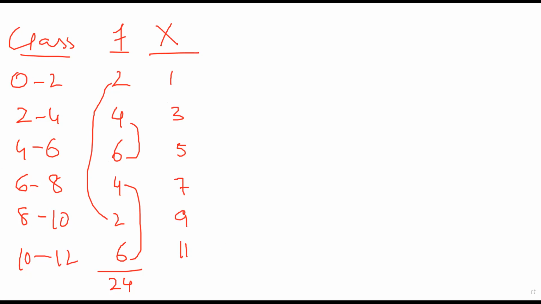To find the mean, you need to find xf or fx, whatever you take. So you multiply f into x, you get 2, 12, 30, 28, 18 and 66. If you add all of these, you will get 156.